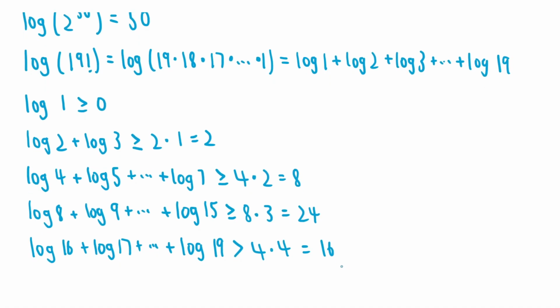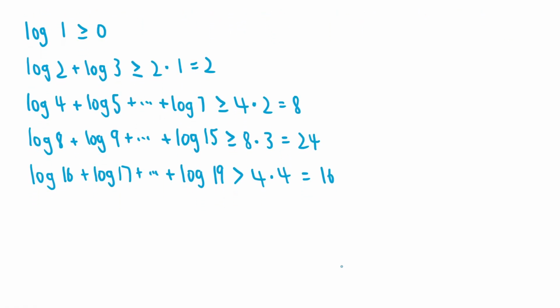So what we need to do with all of this is combine all of these inequalities into a single one by summing them all up. Since the left-hand sides of all of the inequalities add up to the sum log of 1 plus log of 2 plus log of 3, and so on until log of 19, the left-hand side of the combined inequality should be log of 1 plus log of 2 plus log of 3 until plus log of 19.